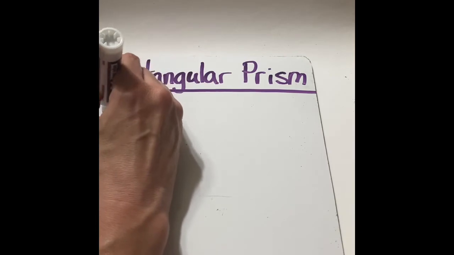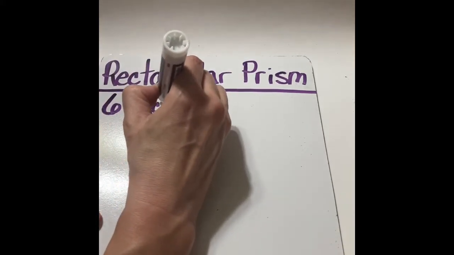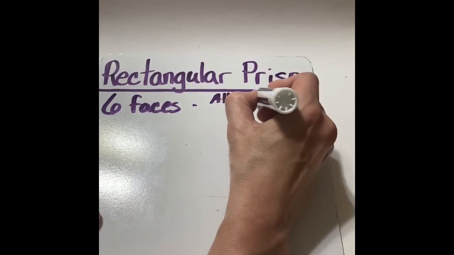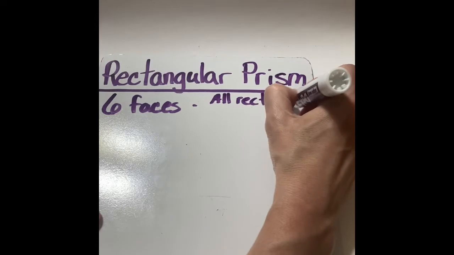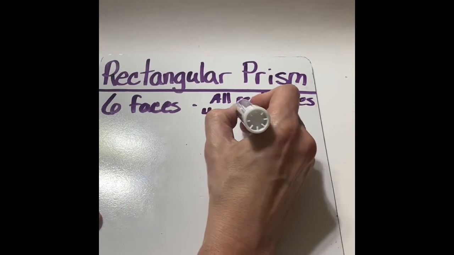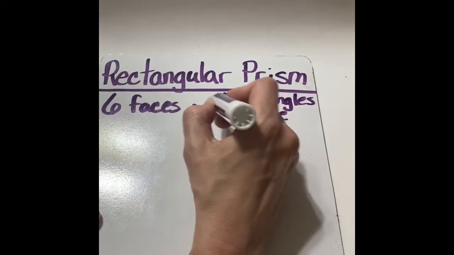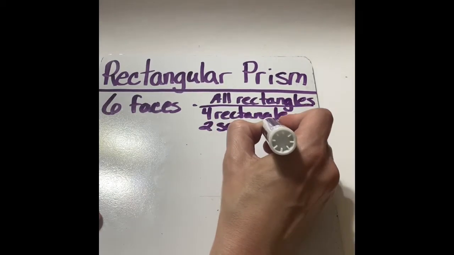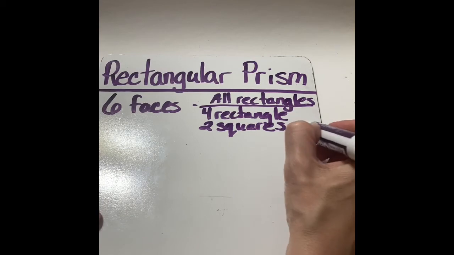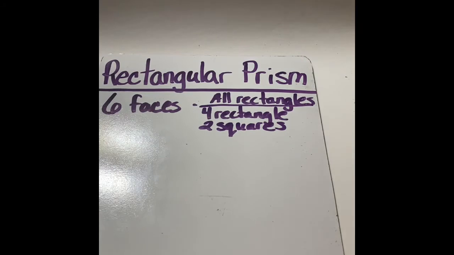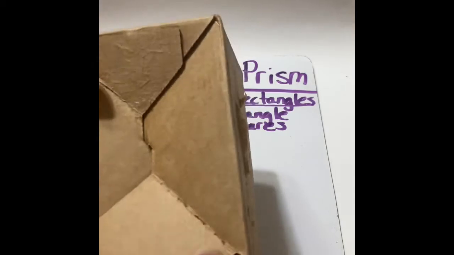A rectangular prism has 6 faces, and those faces can be all rectangles, or they can be 4 rectangles and 2 squares. If you look at a box of foil, it is a rectangular prism, but the sides of it are squares. Here's a rectangular prism where all the faces are rectangles. None of them are squares.